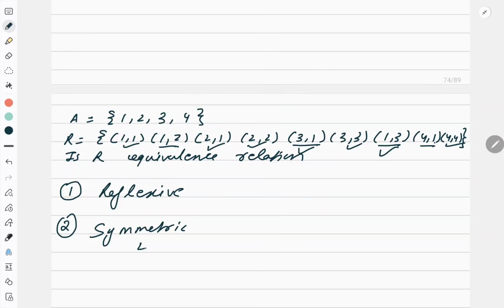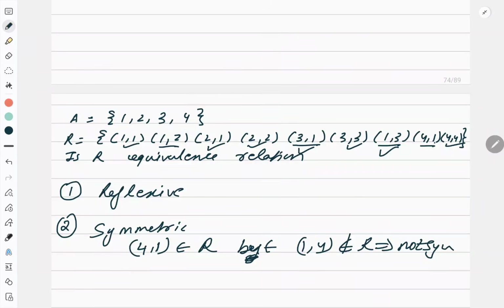So what will you write? (4,1) belongs to R, but (1,4) does not belong to R, implies not symmetric. And the moment you get not symmetric, directly you will say it is not an equivalence relation. No need to check transitive in this situation. Okay. Let's move to the next question now.